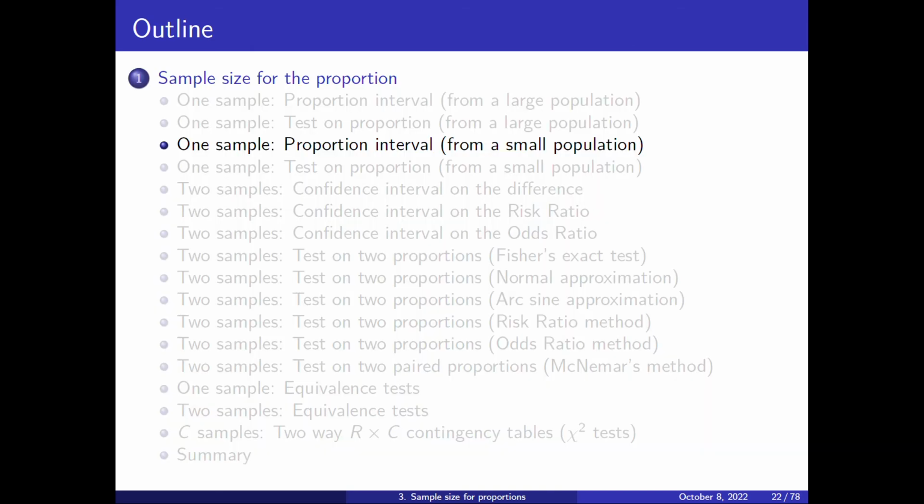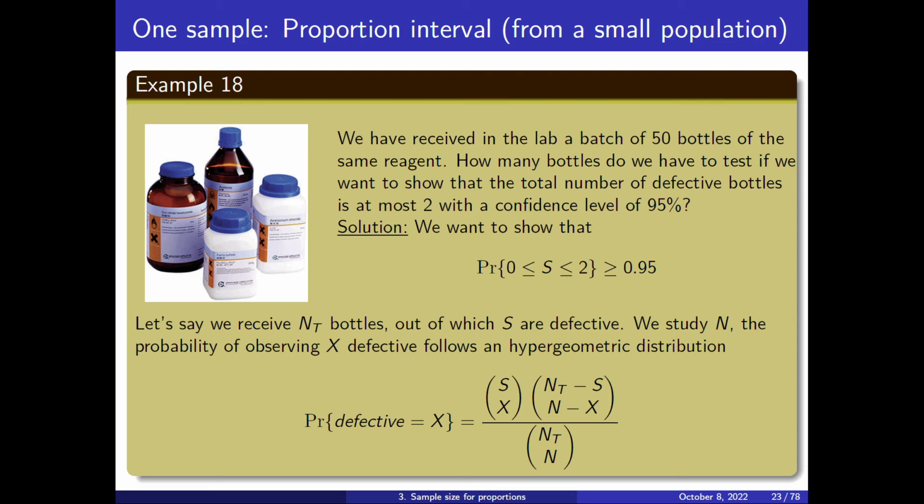Okay, so now let us construct proportion intervals when we have small populations, really small populations. Let's say that we have received in the lab a batch of 50 bottles of the same reagent, and we want to make sure that all the bottles are okay, so there are no defective bottles, or that the number of defective bottles is at most 2.